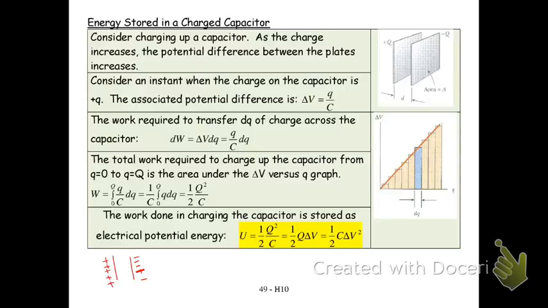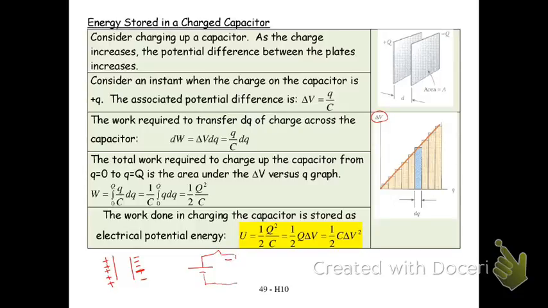Which voltage are we talking about? This is where I've got to be clear. I'm not talking about the battery voltage. The battery voltage is the battery voltage. You close the switch, and that voltage is applied.